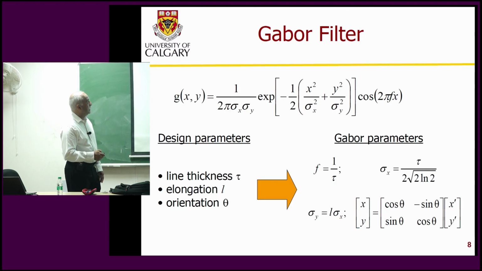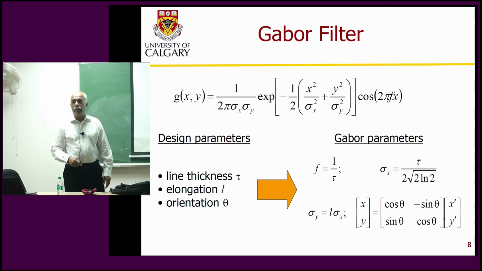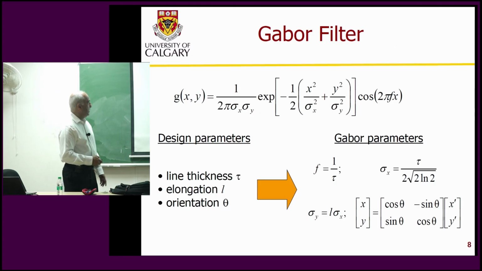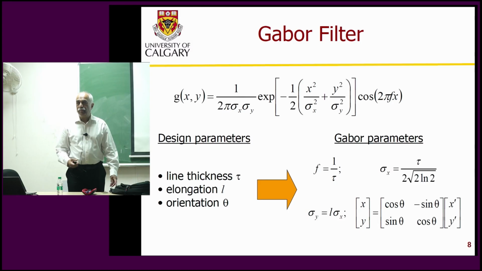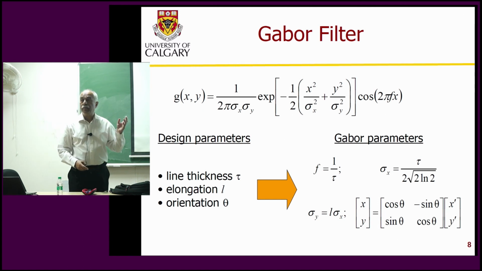So there is a certain scale factor to the Gaussian, a certain frequency to the modulating function, and then there is rotation. Multi-scale, multi-orientation. If you want, you can change L also. And you create a bank of Gabor filters, as many as you want, for various values of L, theta, and F, or tau.